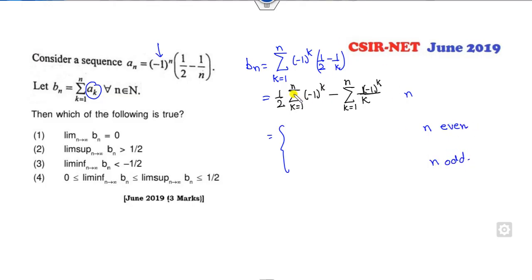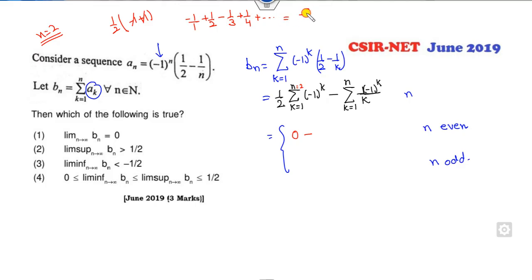So when n is even, what is that? This term I can take n is 2. So this term will be n is 1 to 2, that is minus 1 plus 1, cancel out. So it's 0 minus. If I take this part, when k is equal to 1, it's minus 1 over 1, then plus 1 over 2, minus 1 over 3, plus 1 over 4 and so on.